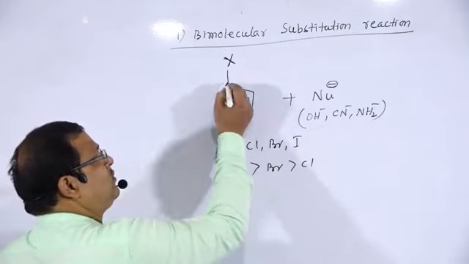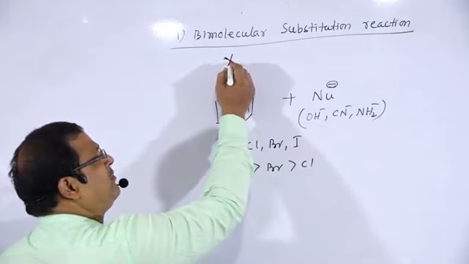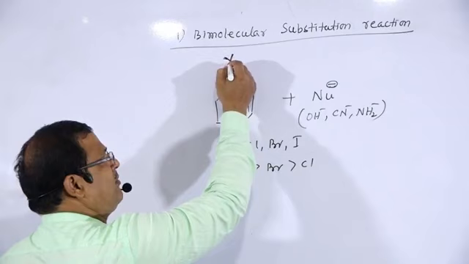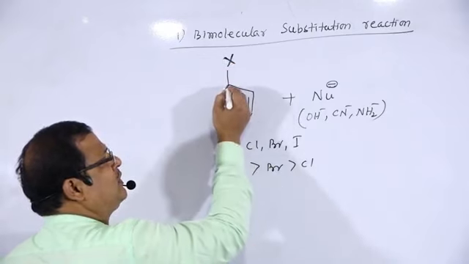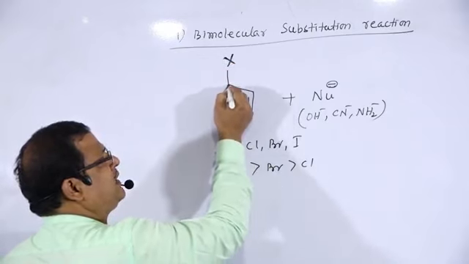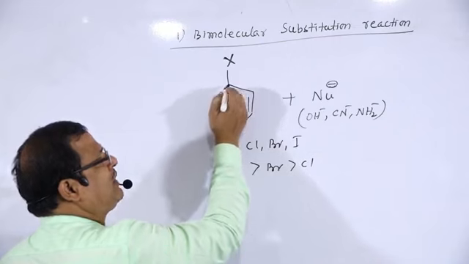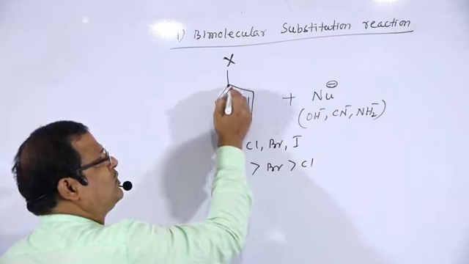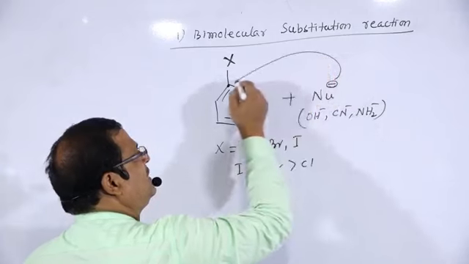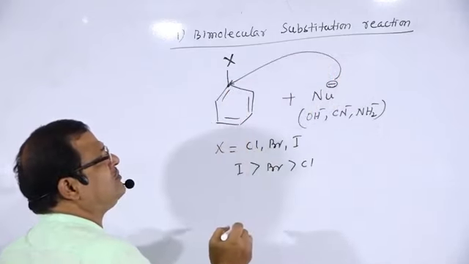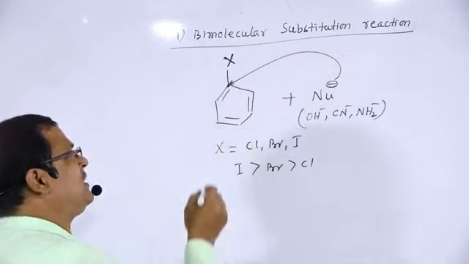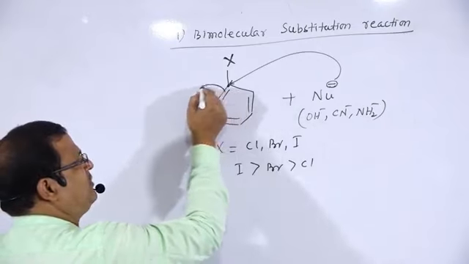This chlorine, bromine or iodine is a -I group, an electron withdrawing group. So the electron density becomes less in the ring, particularly at this position. So the nucleophile will attack this point, and this bond will be shifted.